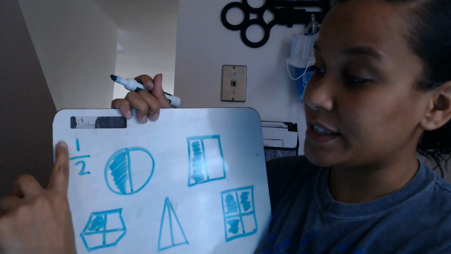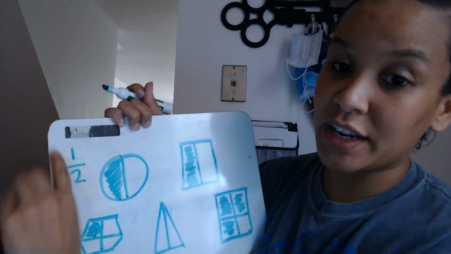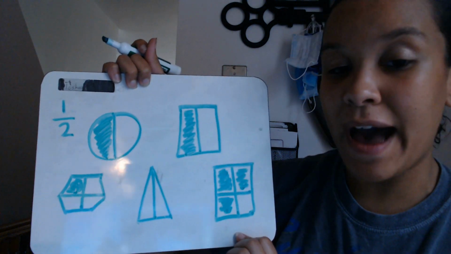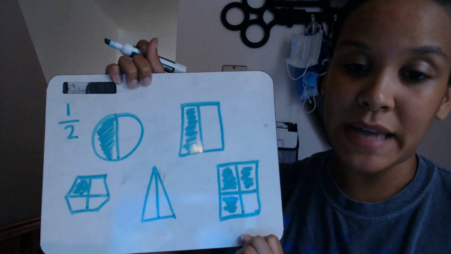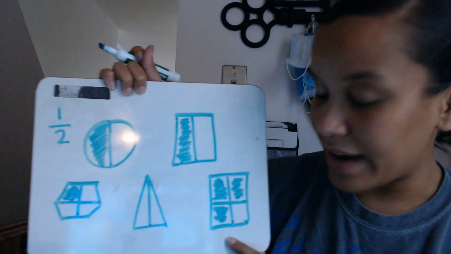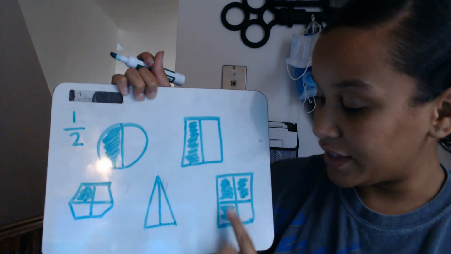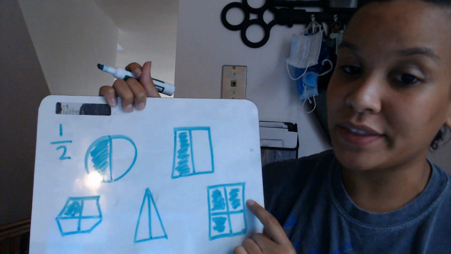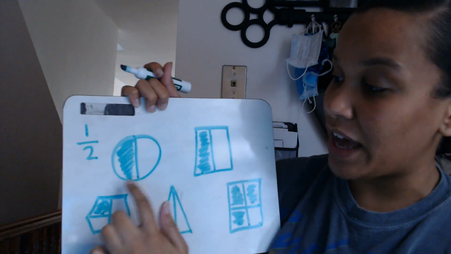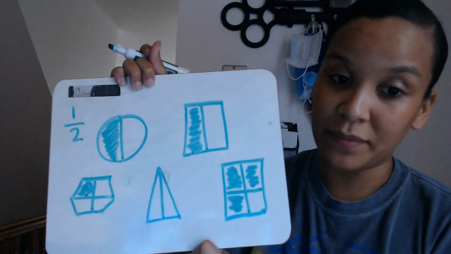That's not matching because this says we only have 1 part shaded in or 1/2 side shaded in. So does that mean it's 1/2? Yes or no? Thumbs up or thumbs down? Thumbs down. This would not be 1/2. Even though this half is shaded in, it has a part on this side shaded in, so it does not look like our shapes that only have 1/2 of it colored in.